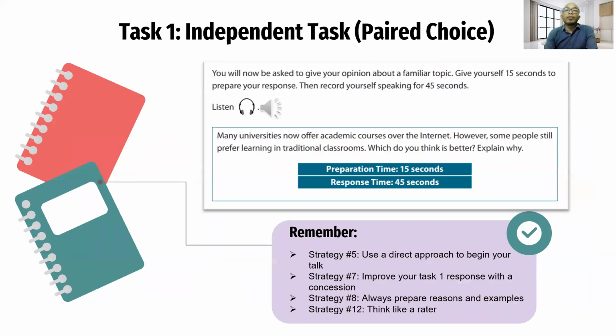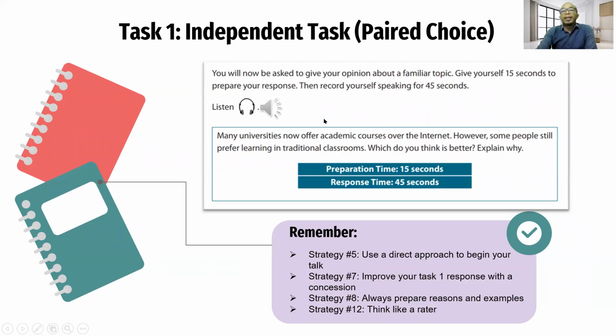Let's start with the first question, the independent task, aka paired choice question. You will now be asked to give your opinion about a familiar topic. Give yourself 15 seconds to prepare your response, then record yourself speaking for 45 seconds.